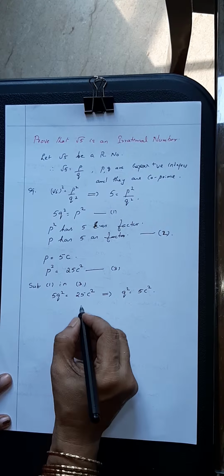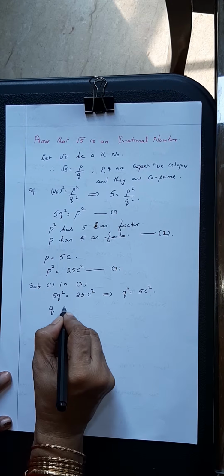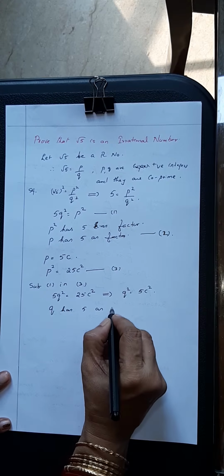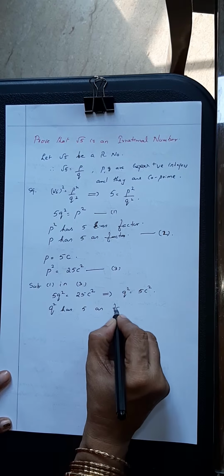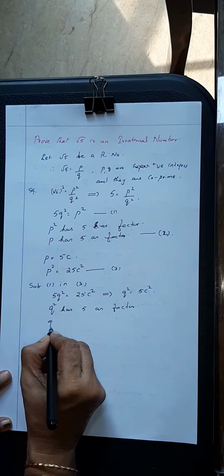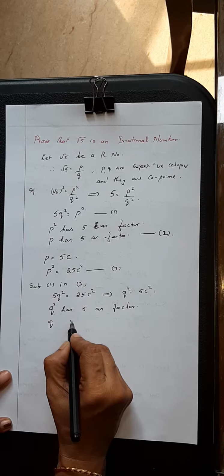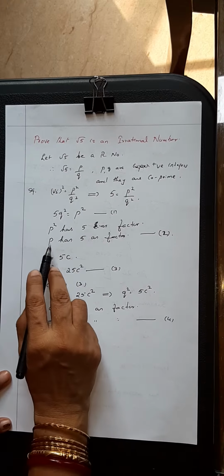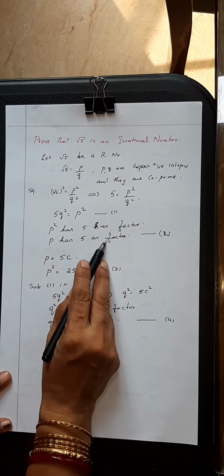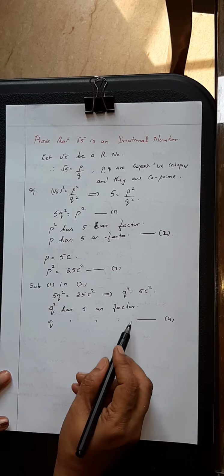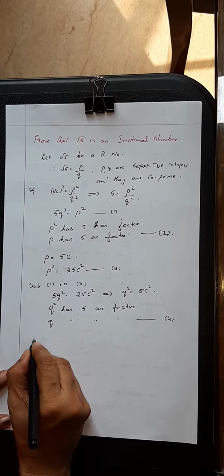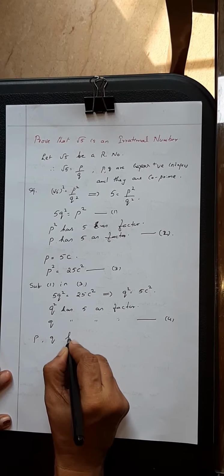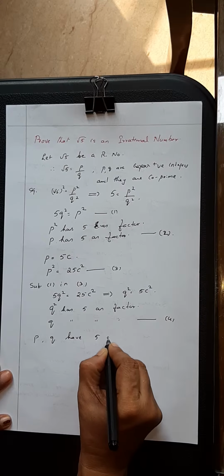So again you get q squared has 5 as a factor. Therefore q also has 5 as a factor. So p has 5 as a factor, and q also has 5 as a factor.